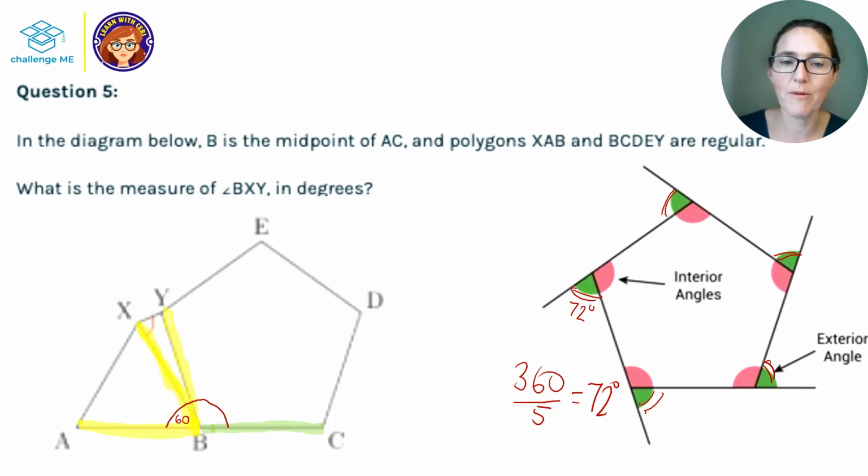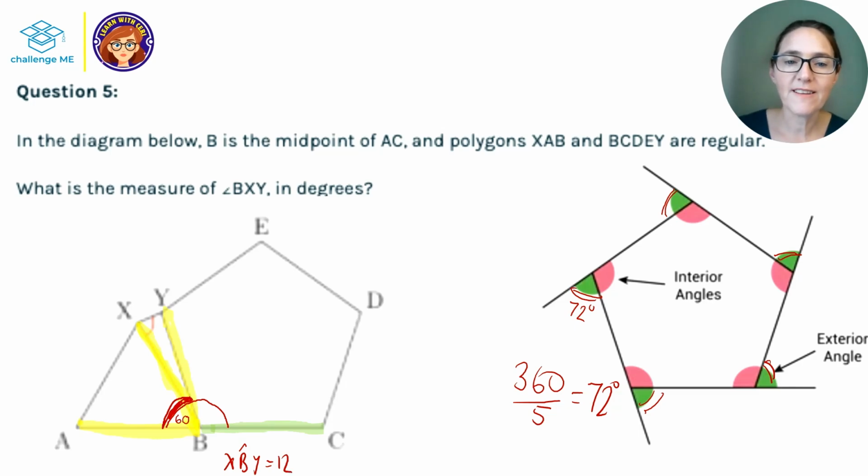We could do it that way and put 108 here, but actually I'm going to just use the fact that this exterior angle here is 72, because then I know that the tiny angle, x to b to y, is 72 take off the 60, so that's 12.